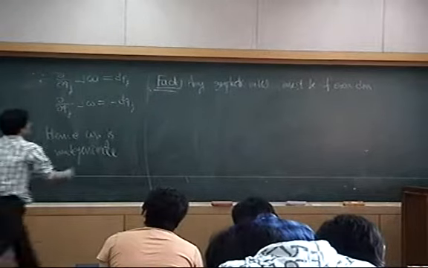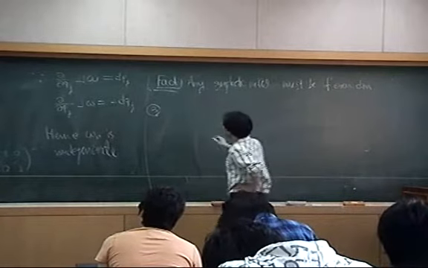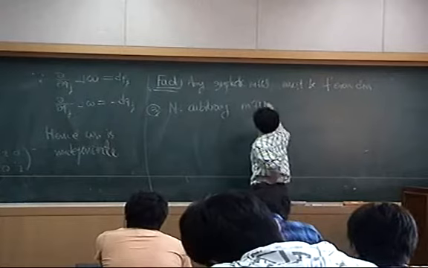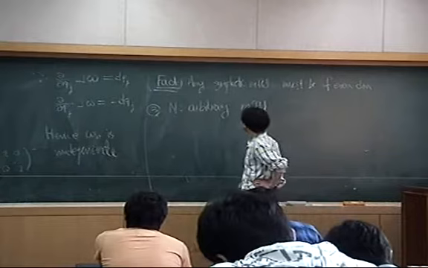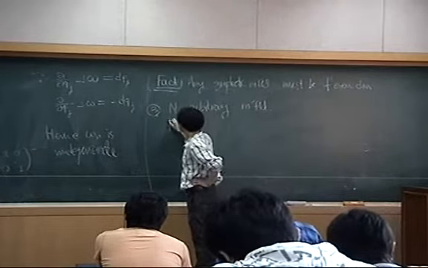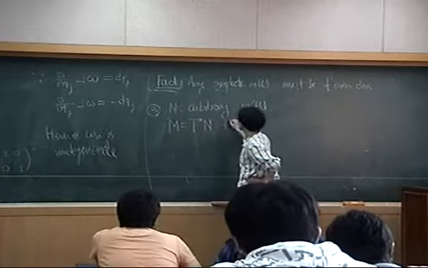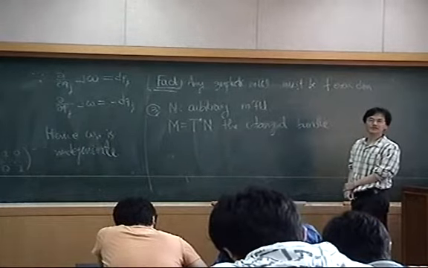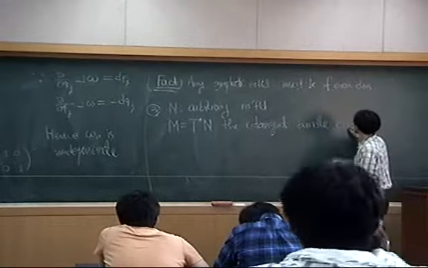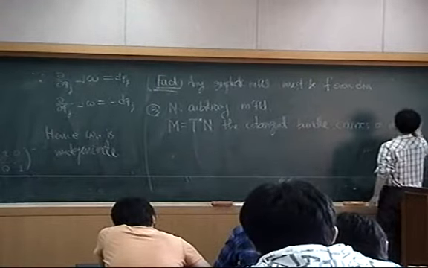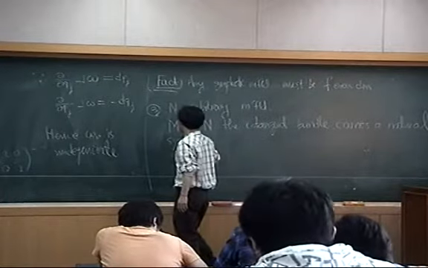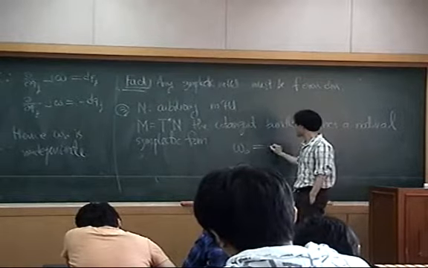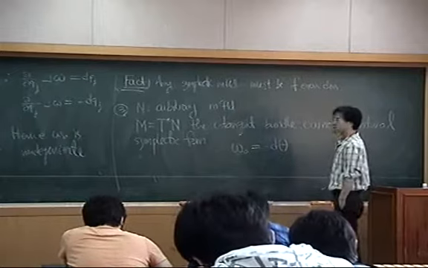Another, more general example: you look at an arbitrary manifold, and its cotangent bundle, which is the dual bundle of the tangent bundle. It carries a natural symplectic form, omega 0, of the form negative d theta.